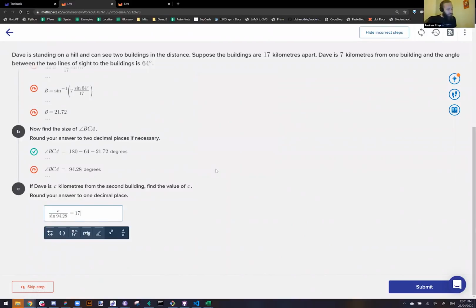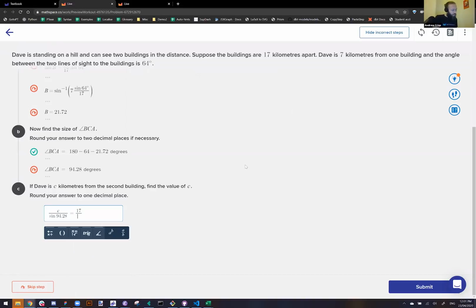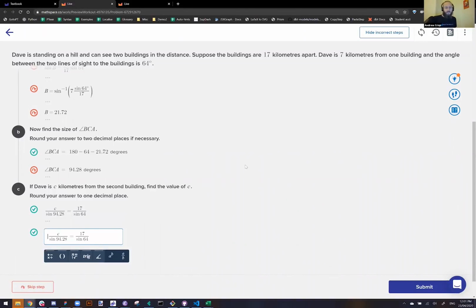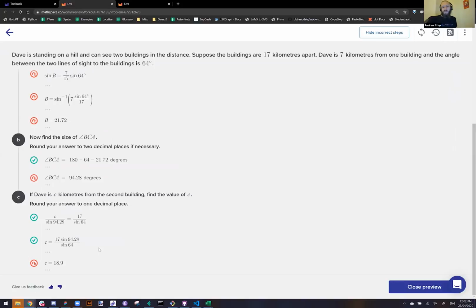It goes on the top. And then sine of the angle at the bottom. Cool. Then I can just control X to move that denominator over to be the numerator over here. And then we can put that into a calculator and round it to one decimal place.